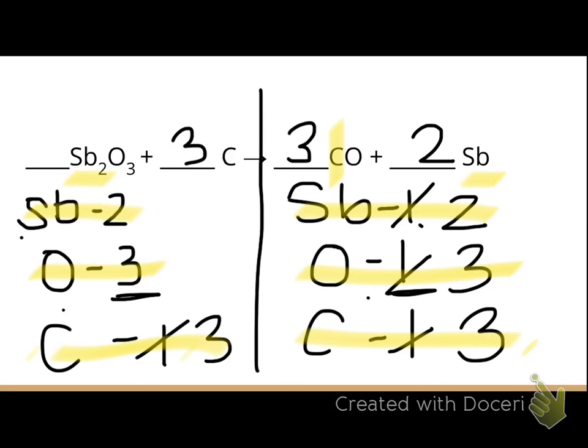And now we're equal and equal. So you can fill that in with a 1 if that makes you feel better. If not, leave it blank. So antimonies, 2, 2. Oxygens, 3, 3. Carbons, 3, 3. Everything checks out. We're good to go.